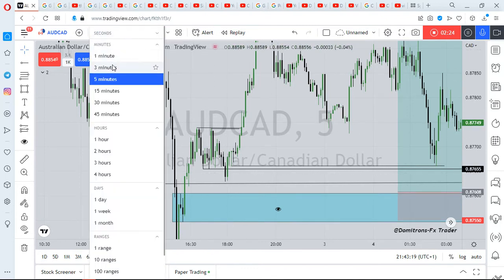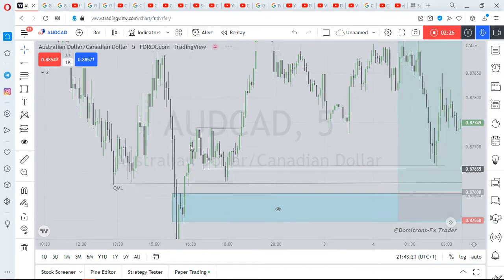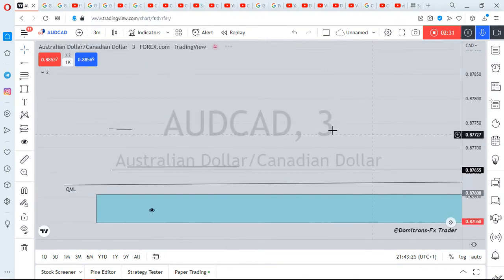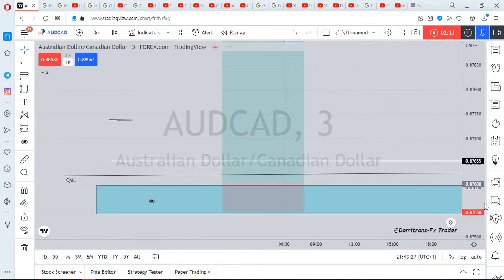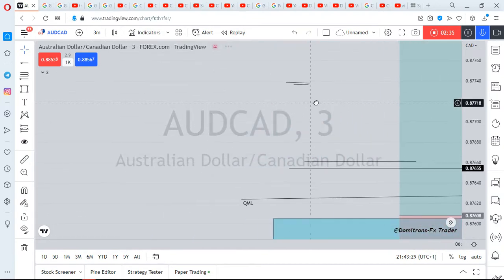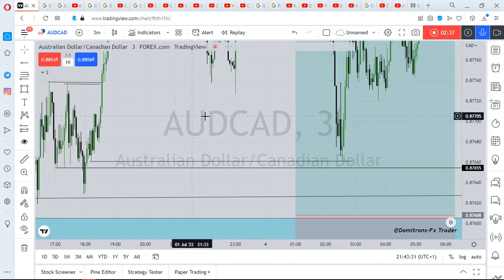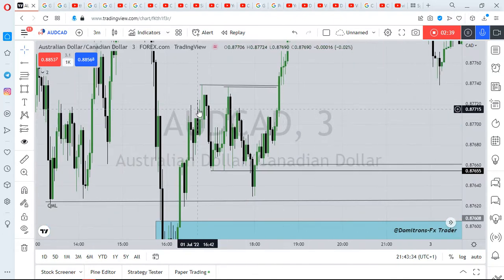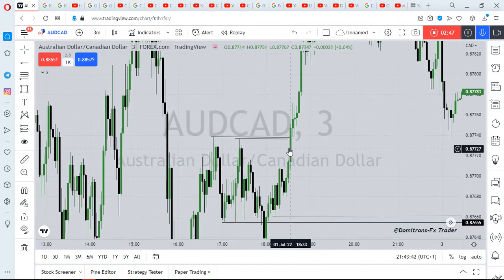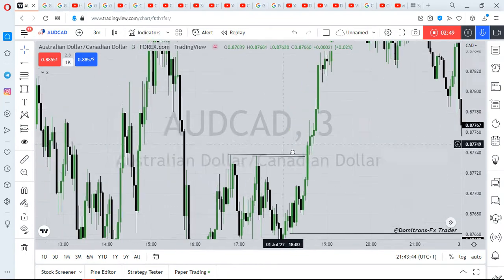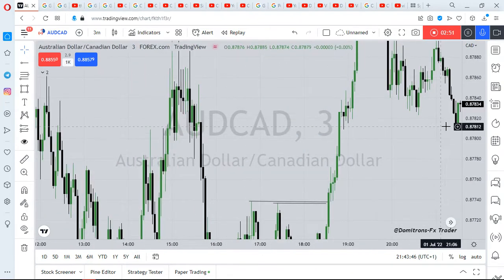But if I go down to lower time frame, like the 3 minutes, there's an inner QML inside my QML over here in the 3 minutes where we have the higher low, lower low, lower high, lower low, and then we have the breaker structure here, and then the major breaker structure there.